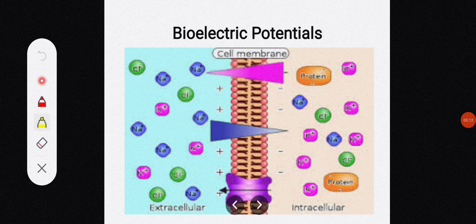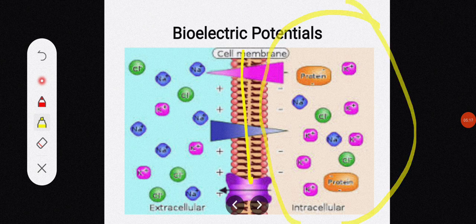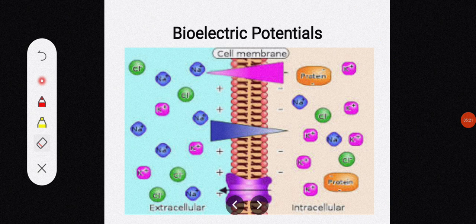Here you can see this is a cell encased by a semi-permeable membrane. The name itself depicts semi-permeable: it will allow some components to pass through it, and it will block other components.